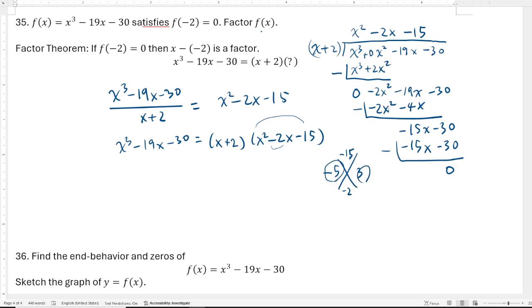Now, if this had some coefficient here that's other than 1, then it's a lot harder. You have to split this middle term and do factor by grouping and all that. However, since here the leading term is only x squared, you don't have to do any more work. Just see that it's x minus 5 and x plus 3. So this thing factors as x minus 5 times x plus 3.